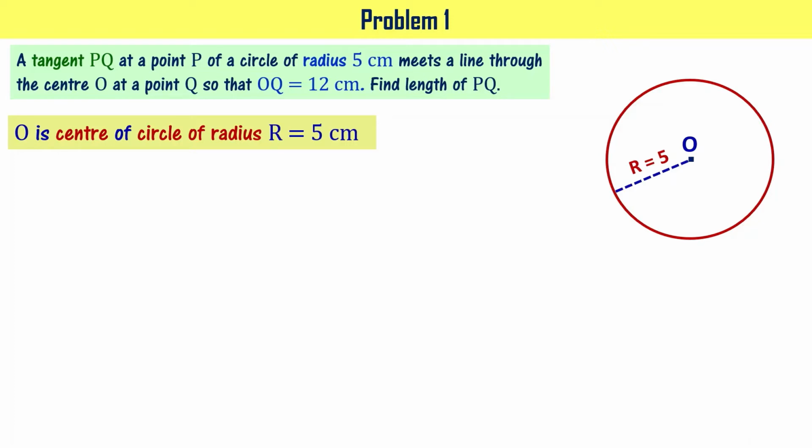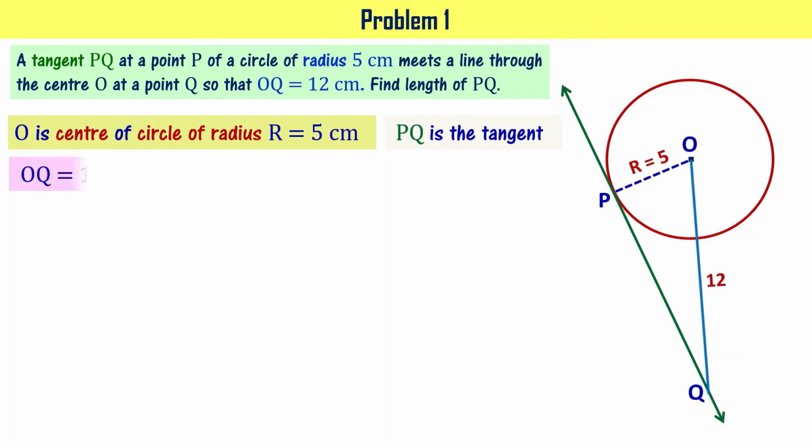That is given. PQ is the tangent to the circle through point P, right? And if you draw line OQ, its length is given, that is equal to 12 centimeters, right? PQ is what we have to find. That is the length of the tangent, right?